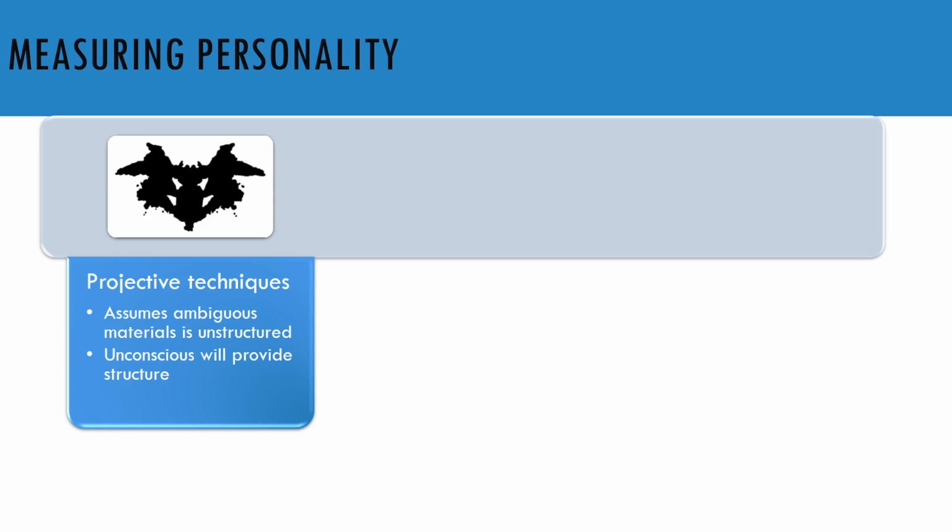The premise behind projective techniques is that in an ambiguous situation, the unconscious will feel safe to project itself onto the ambiguous item and pretend like the unconscious is actually not the source of the meaning. There is inherent meaning in this ambiguous figure.